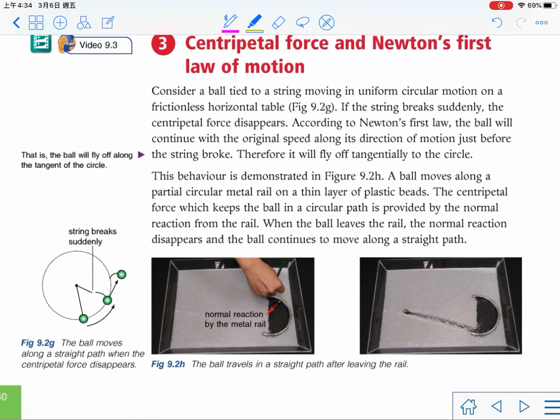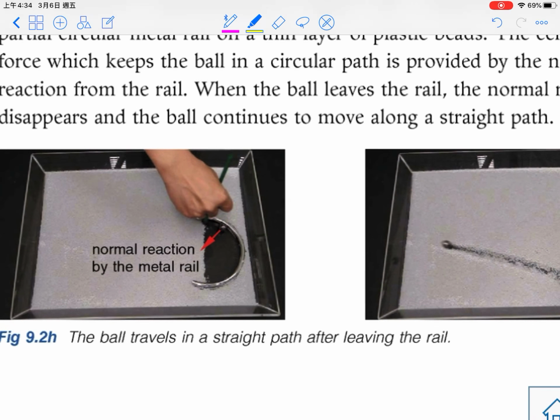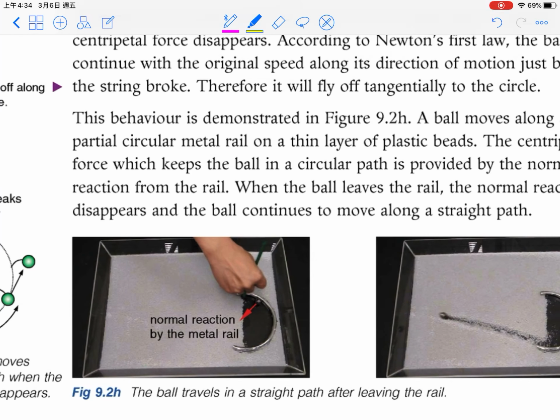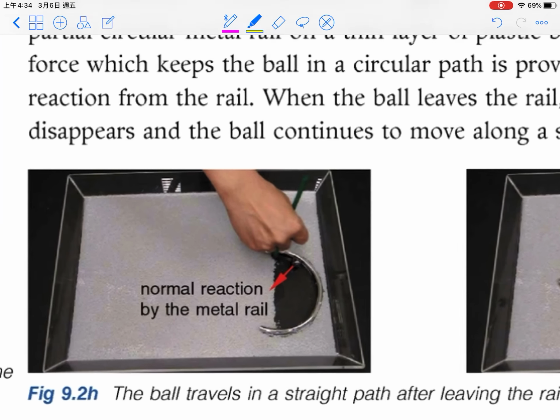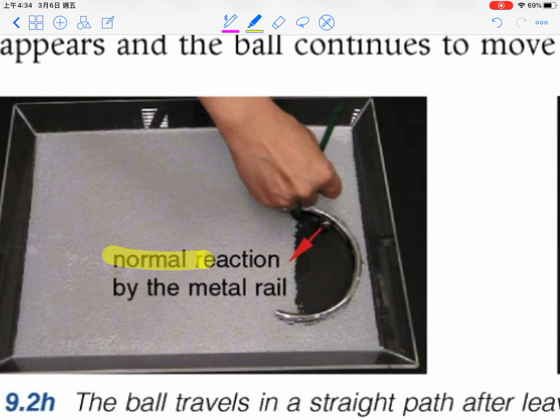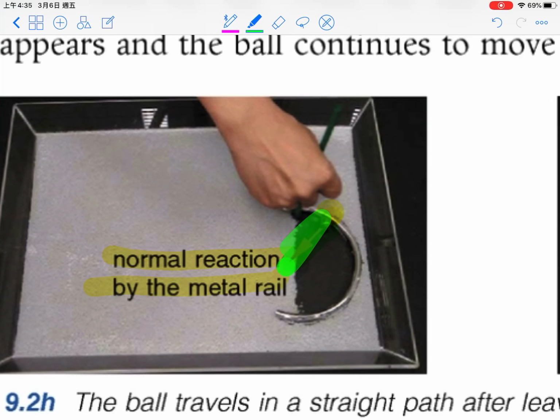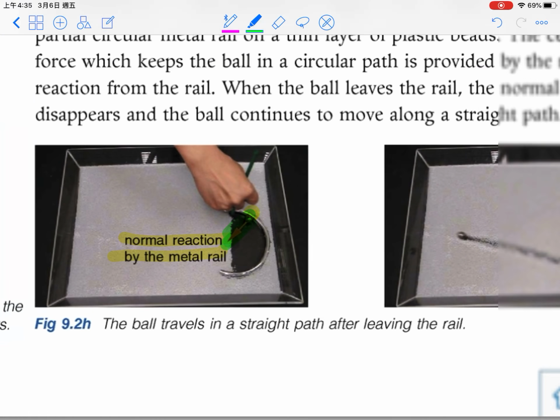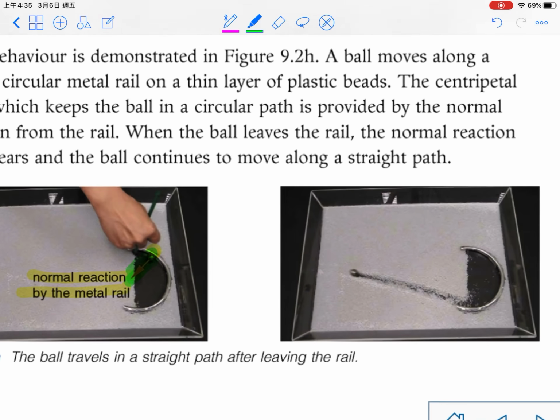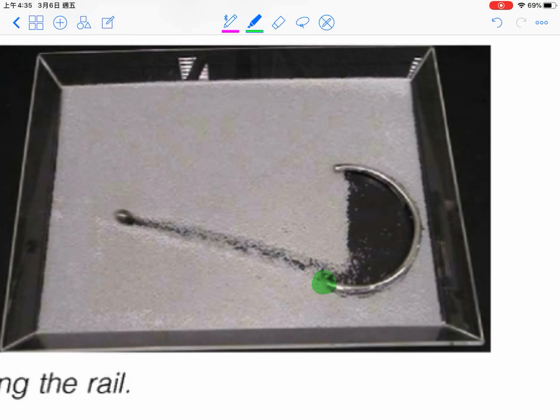Here you see the object undergoes a circular motion. So which force gives the centripetal force? It will be the normal reaction by the metal wheel. So the object can move in a circle, but at the end of the wheel we find that there is no normal force, because it's leaving the wheel.